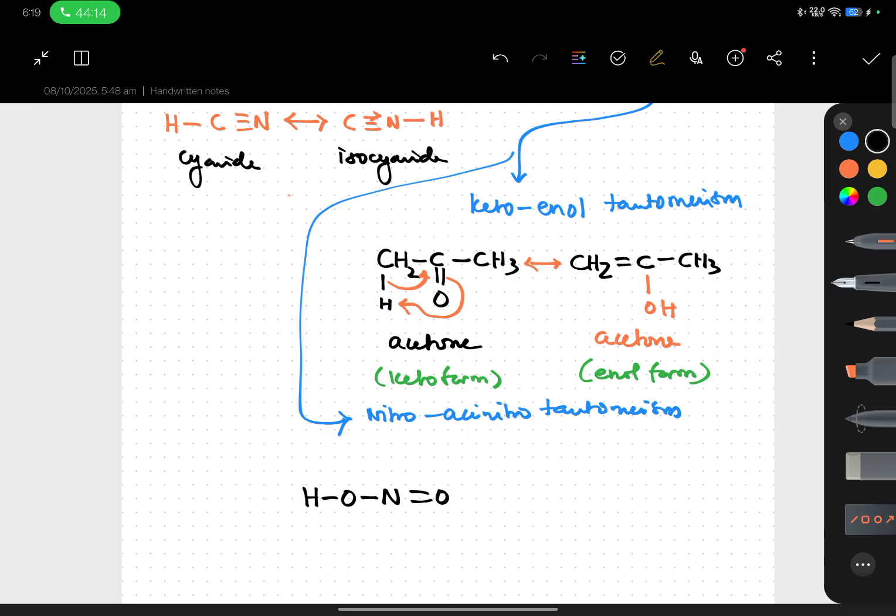The hydrogen will shift to the nitrogen. Thereby you get O single bond and double bond O, where the hydrogen will be attached to the nitrogen this time. This form is called the nitrite form, and this form is called the nitro form.